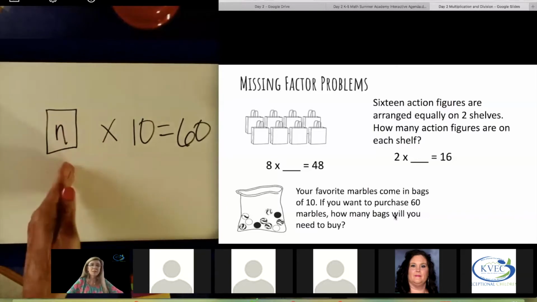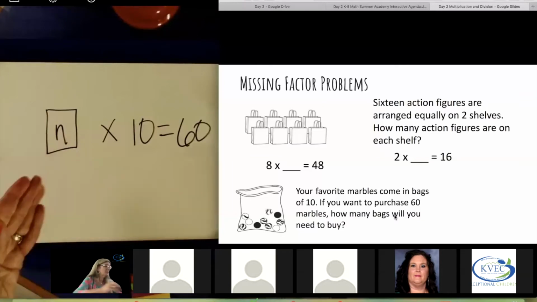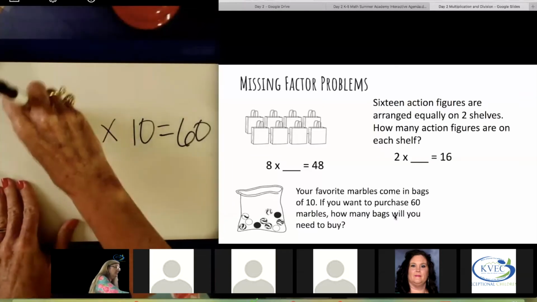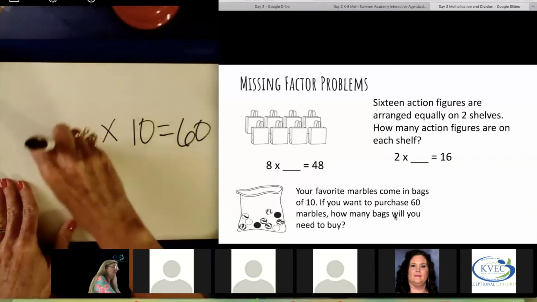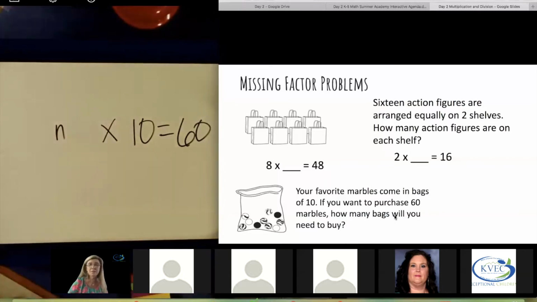So N, what does N represent here in this problem? What could I put in place of N? 6, right? So it directly links the kids into an understanding of algebra.